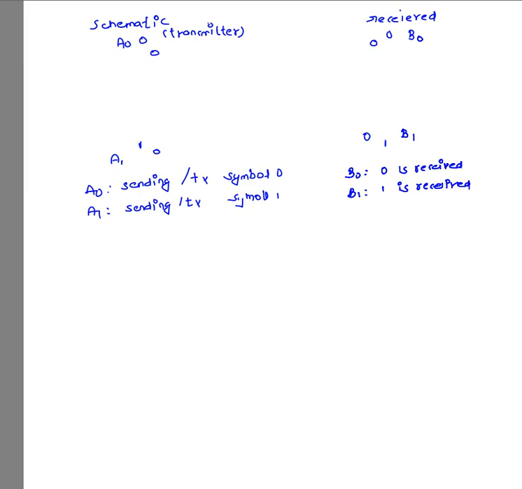Let's come back to the schematic now. Here let me draw 4 lines indicating the transmission and reception. The first line is here. This line indicates the transmission of 0, event A0, and reception of 0, event B0. And the second line I am drawing here indicates the transmission of 1, that means event A1, and reception of 1, that means event B1.